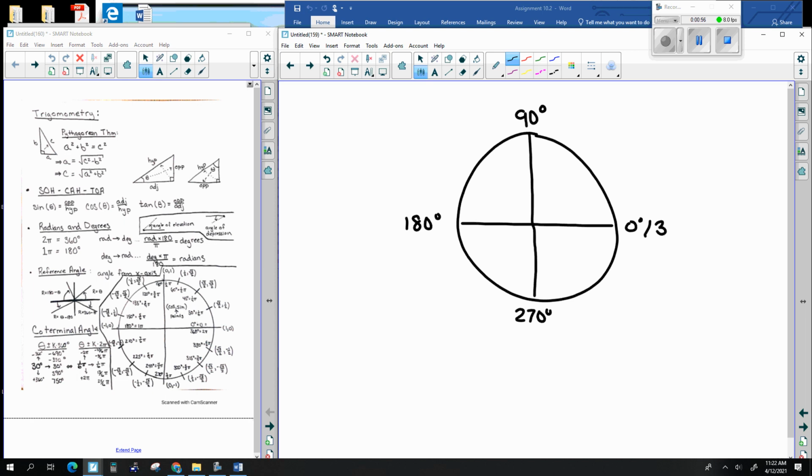And then 360 degrees is the same thing as saying 0 degrees. You just go around in a complete circle. So that is degrees. Other really important angles are 30 degrees, 45 degrees, 60 degrees, et cetera. You can go around the circle as such, and you can figure out these angles pretty easily.